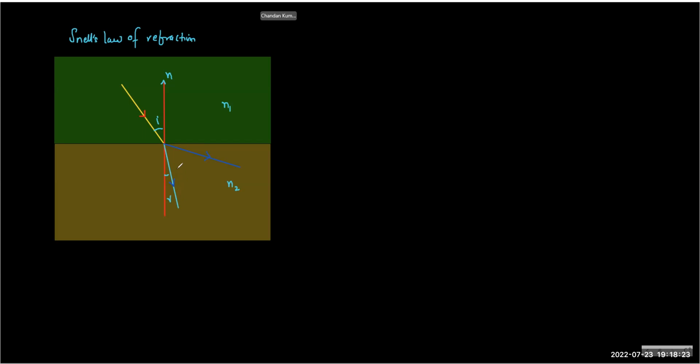And light goes from one point to another point in the shortest time. If N2 is denser, let's say, then to reach in the shortest time, you will try to move more through the rarer medium and less through the denser. That is also visible if you draw a line joining the start and end.